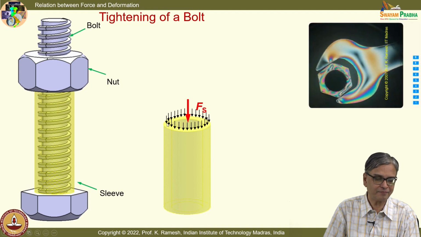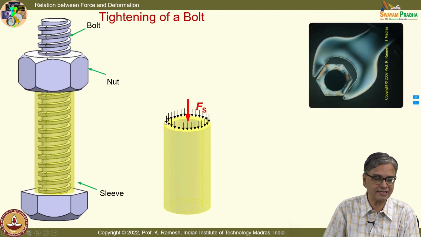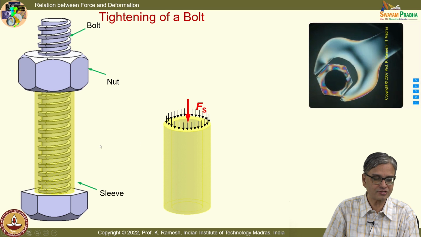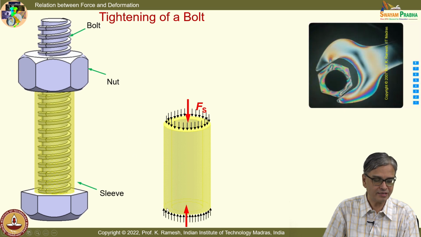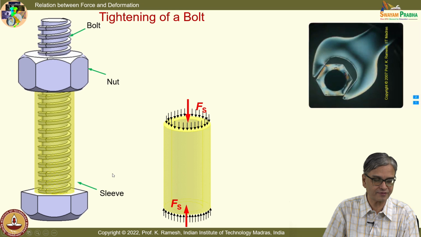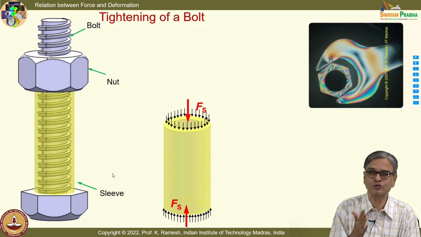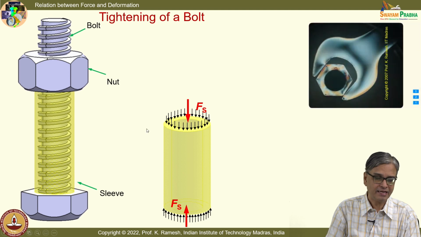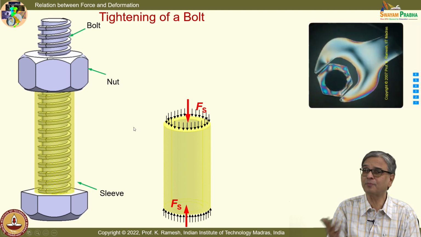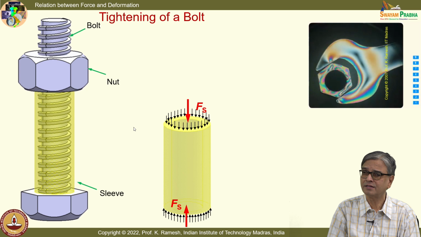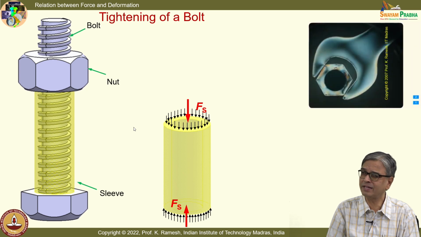So I can visualize that there is a distribution of forces on this surface. Similarly, there is also distribution of forces on this surface. They could be represented as a resultant force as Fs. And what happens to the bolt? Bolt also experiences the same thing.